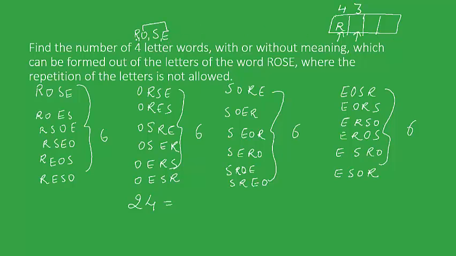Say we choose O. Then, using the same logic, we'll be left with only 2 letters for the next one, and then only a single choice, E, for the last one. So we'll have choices of 4 into 3 into 2 into 1, which can be written as 4 factorial.